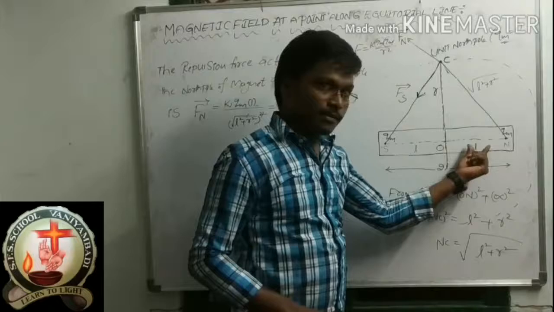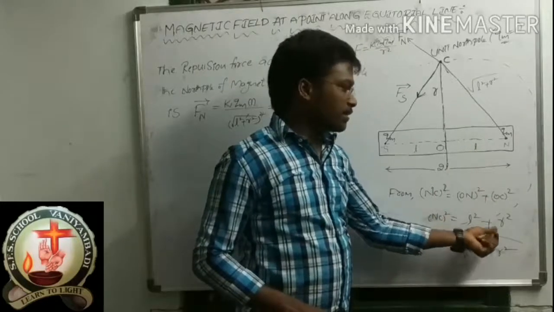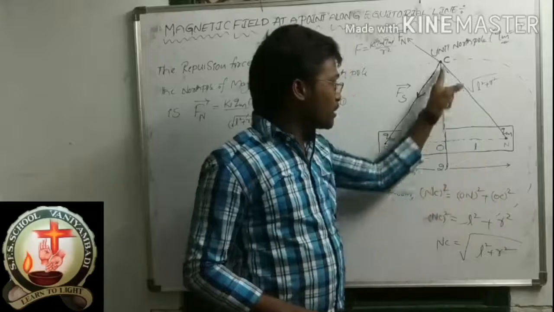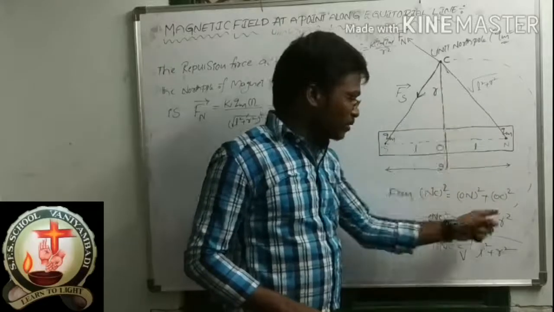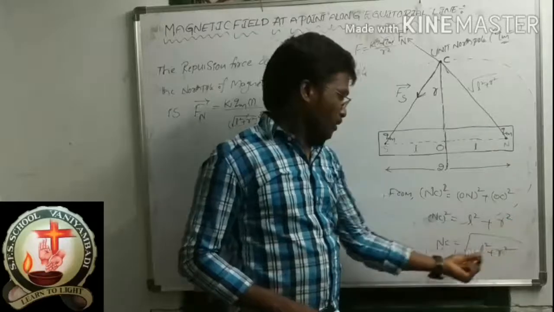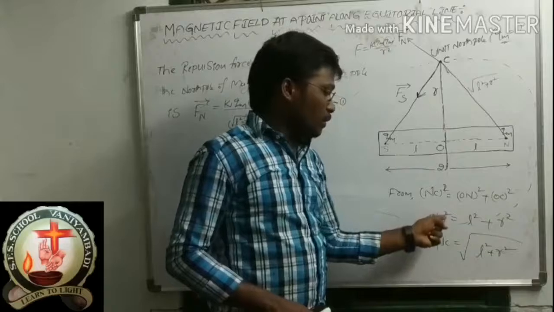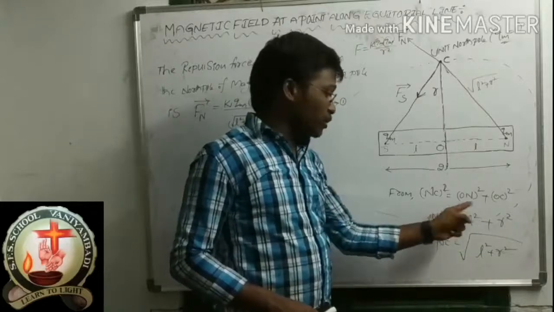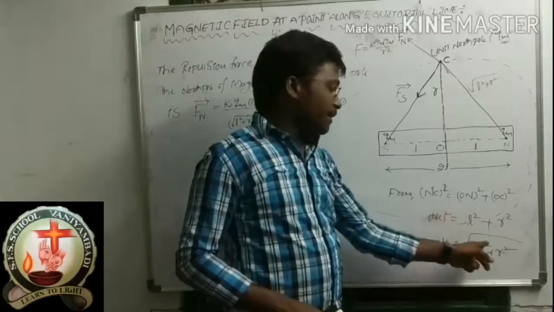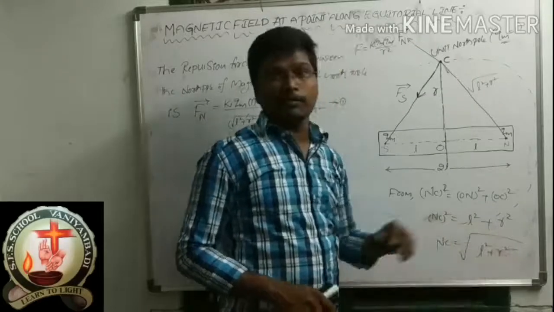ON is L. So in the place of ON I substitute L square. Plus, then after that OC. What does OC mean? R. So in the place of OC I substituted R whole square. So totally NC is equal to, we should cancel the square on both sides, means the root will come on this side. So NC is equal to under root of L square plus R square.